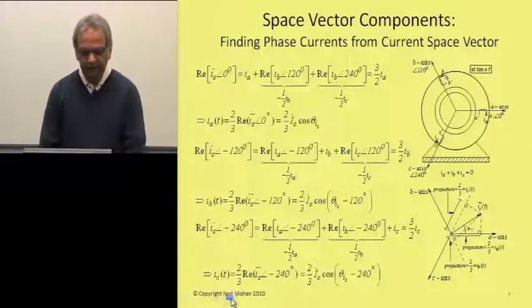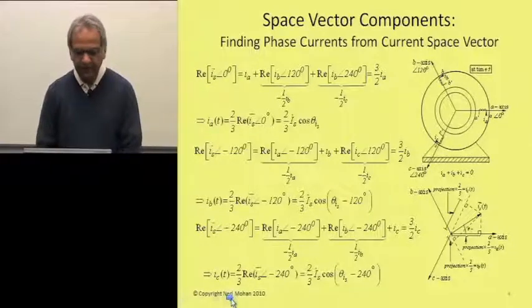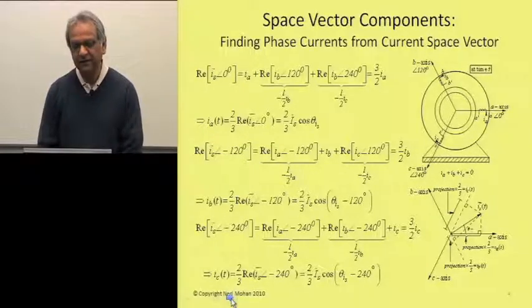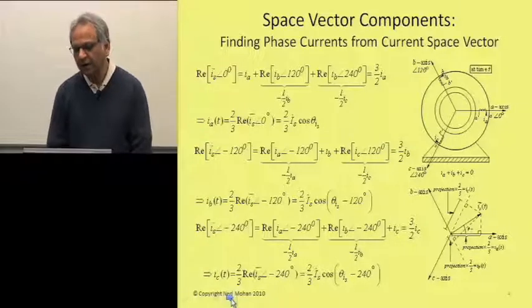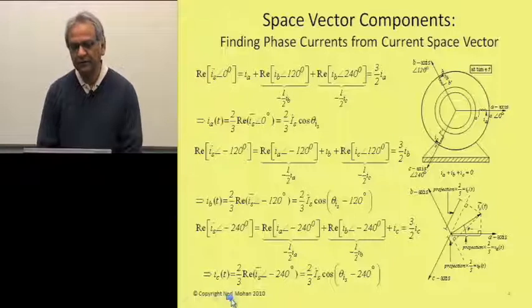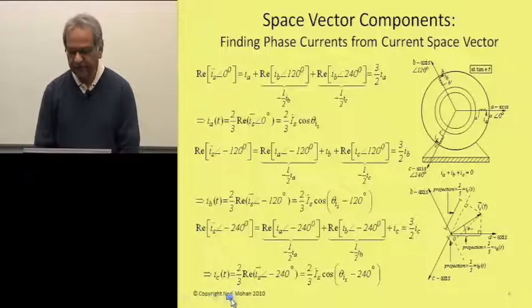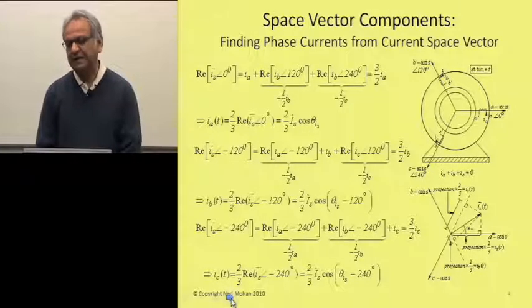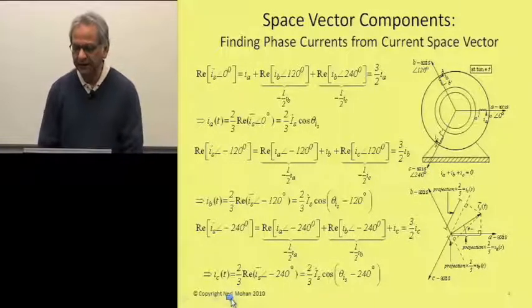So we saw that we could go from phase currents to the stator current space vector, but how about the other way around? Well, we can certainly do that. If somebody gives us a current space vector, we can find what the individual currents are associated with these three windings.